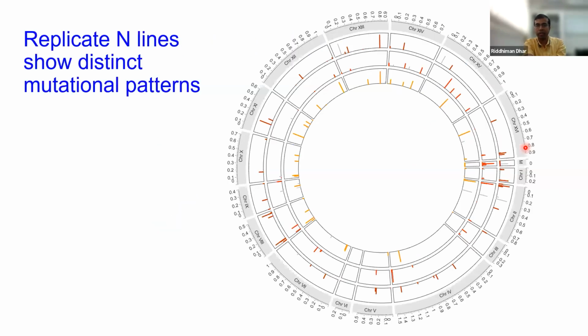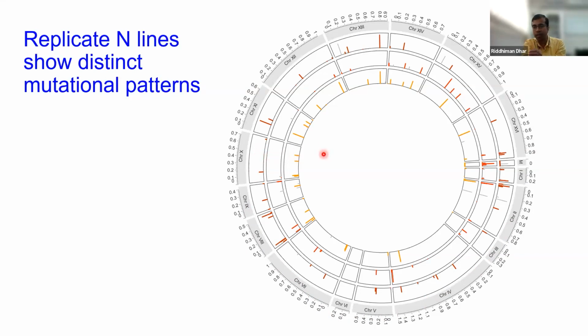What we see is that the replicate N lines show distinct mutational patterns. In this circle, you can notice the numbers for the chromosomes, and each track shows the mutations present in these three lines. The first track is for the N1 line, the second is for N2, and the third is for N3.